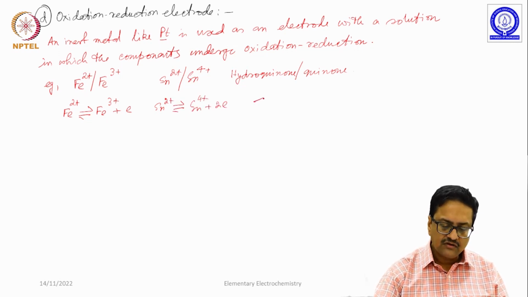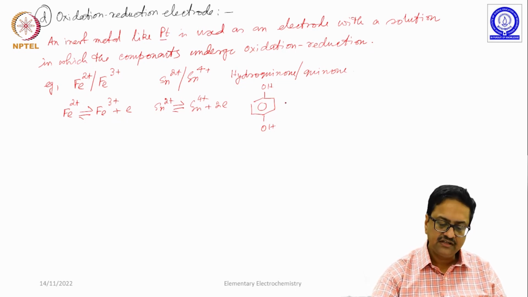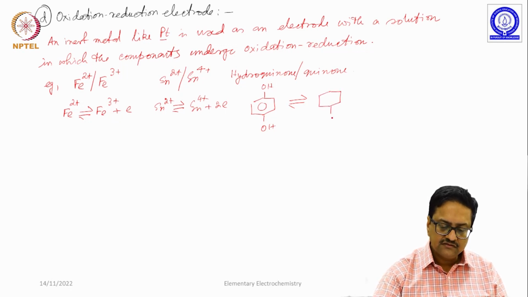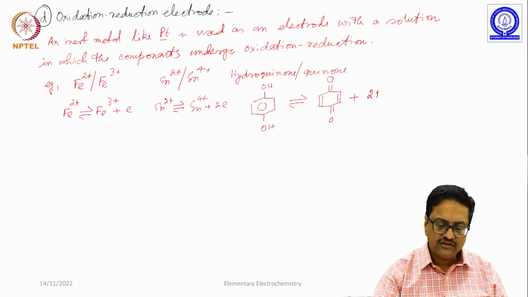And as you know, hydroquinone is an organic compound with OH groups on the 1 and 4 positions of the aromatic ring, the benzene ring, and it is in equilibrium with this ketone or diketone, which is called quinone, and it releases 2H+ and 2 electrons.